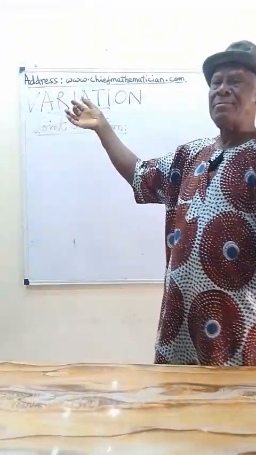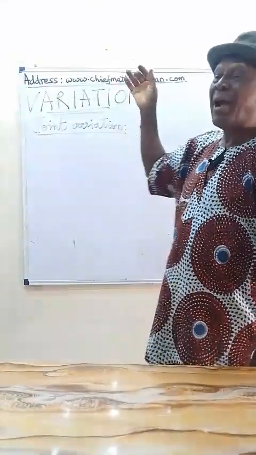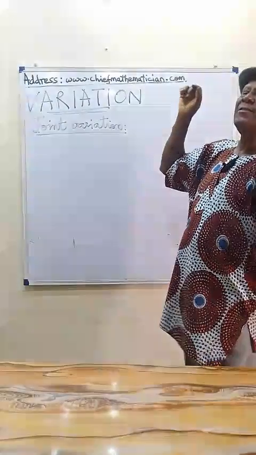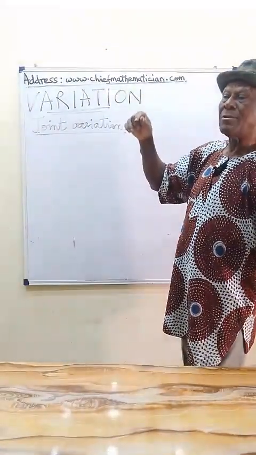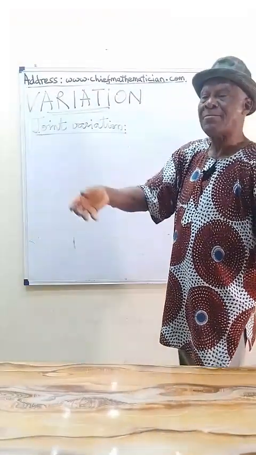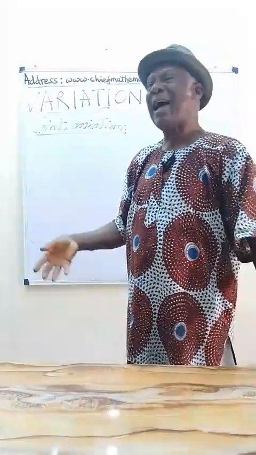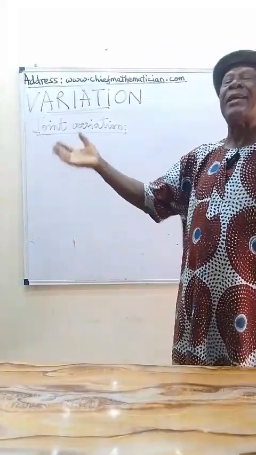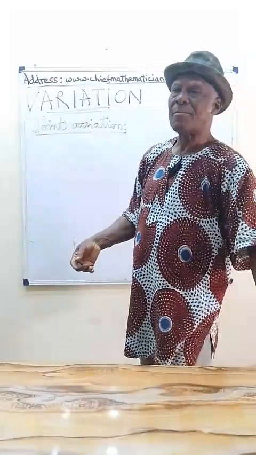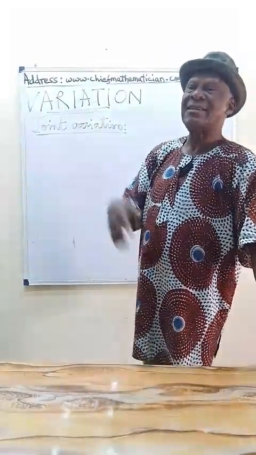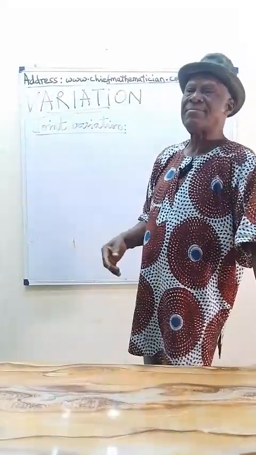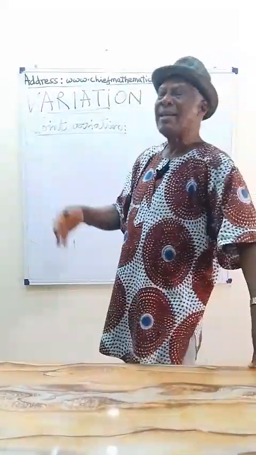Even the name gives you an idea of what we are talking about. Joint variation. One thing cannot join to itself. So there are several things involved. Let us consider three variables or three quantities: x, y, and z.